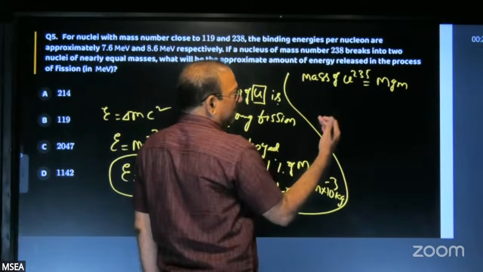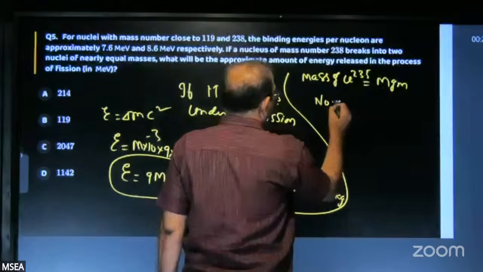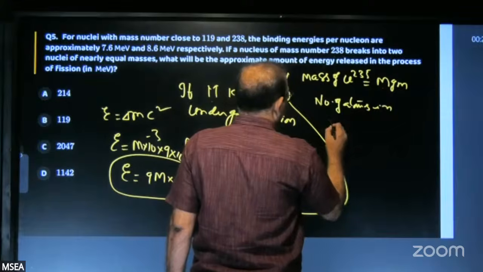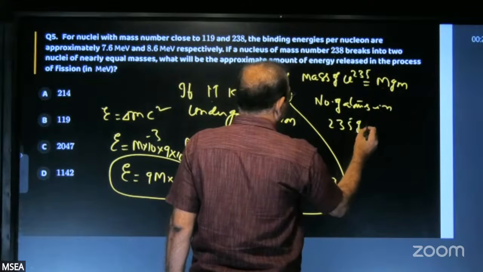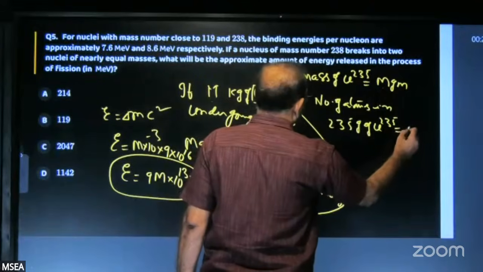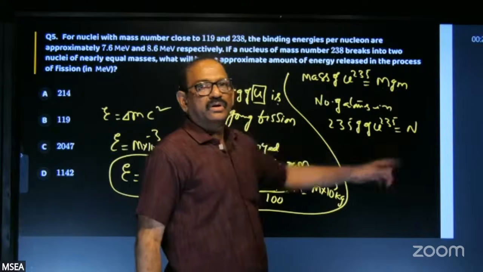For that, I have to use the Avogadro number. The number of atoms in 235 grams of uranium 235 is 6 into 10 power 23, the Avogadro number.